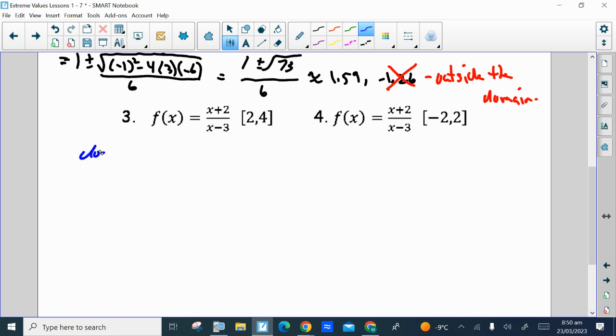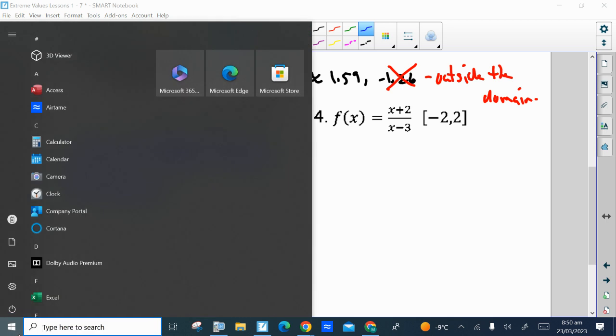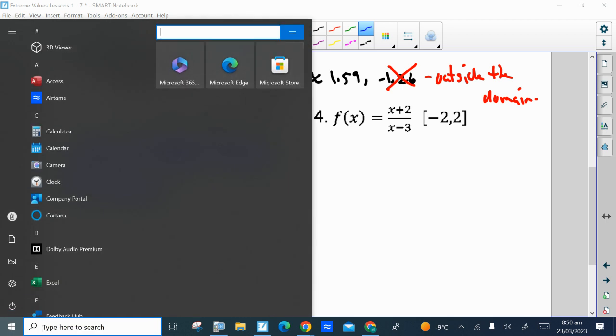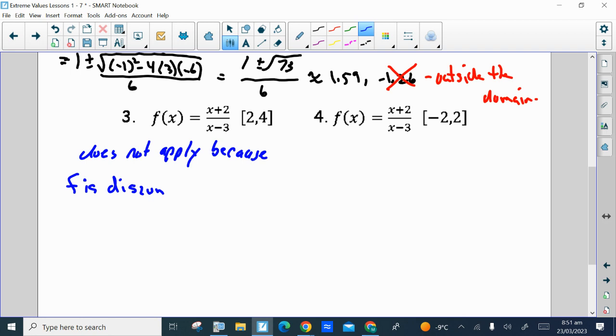So we would say in this case, the theorem does not apply because f is discontinuous at 3.